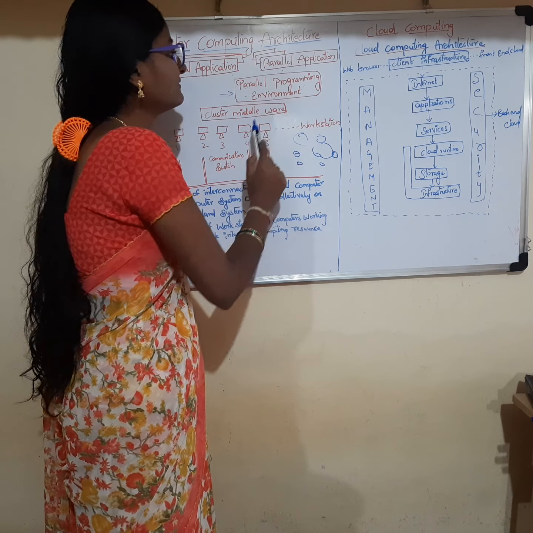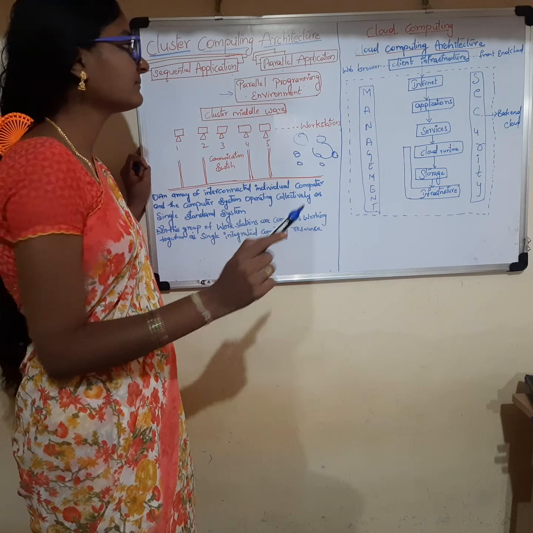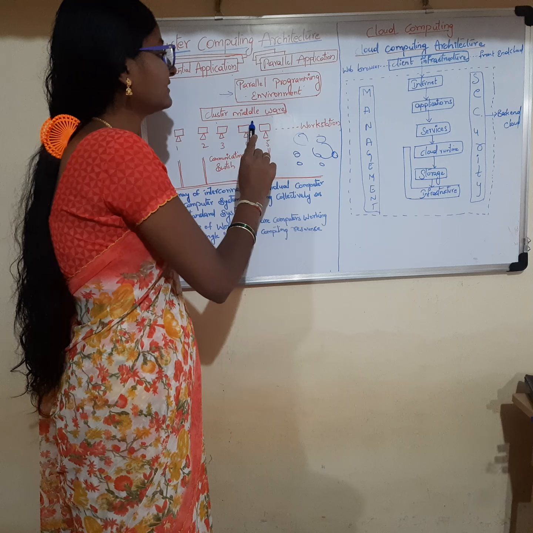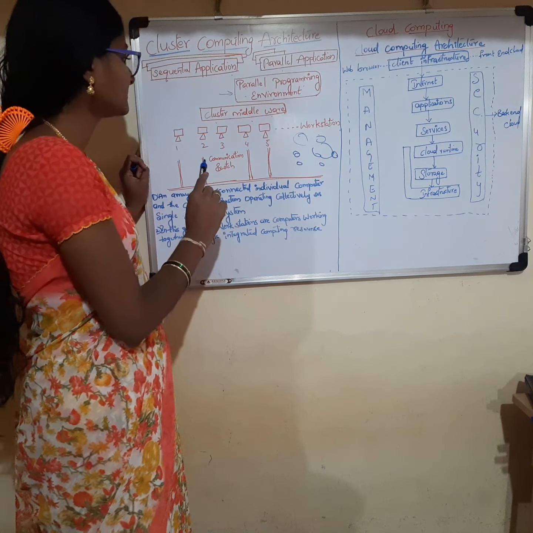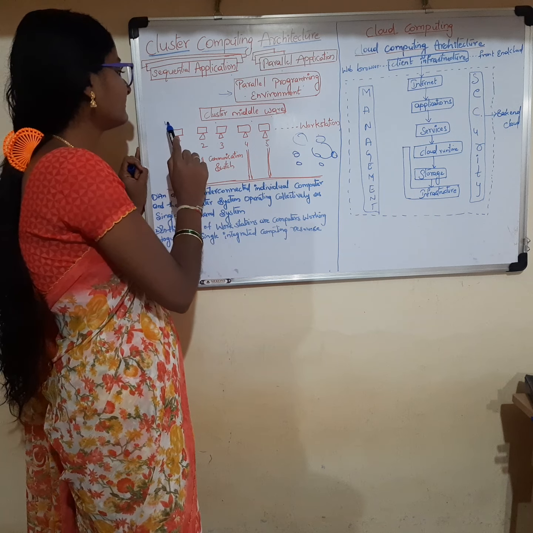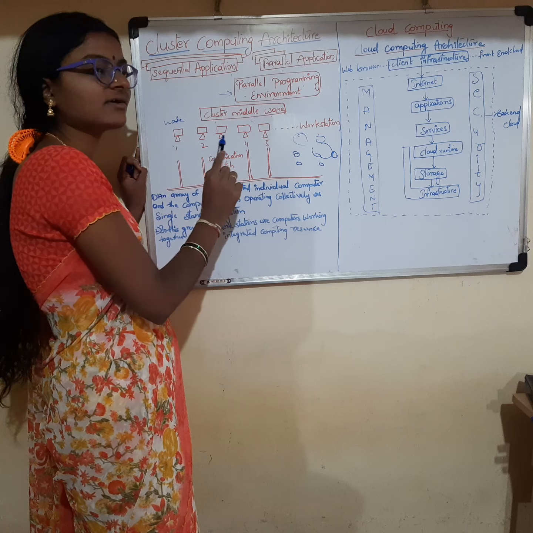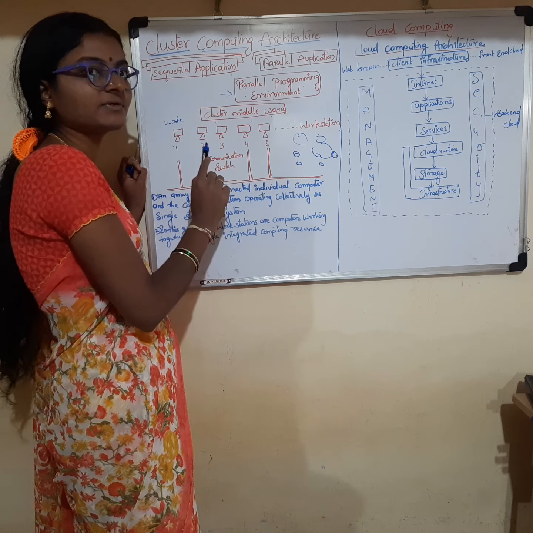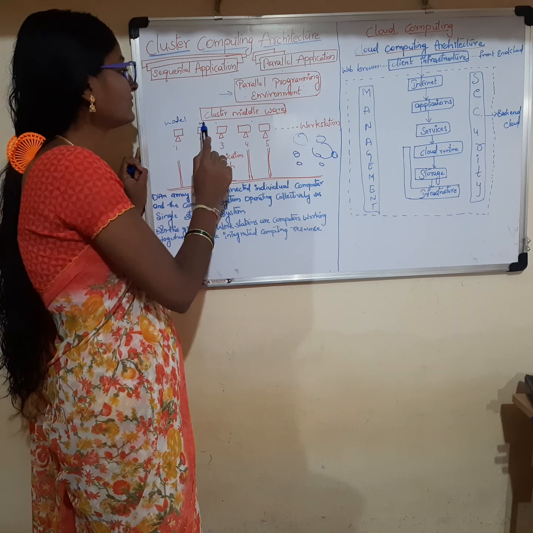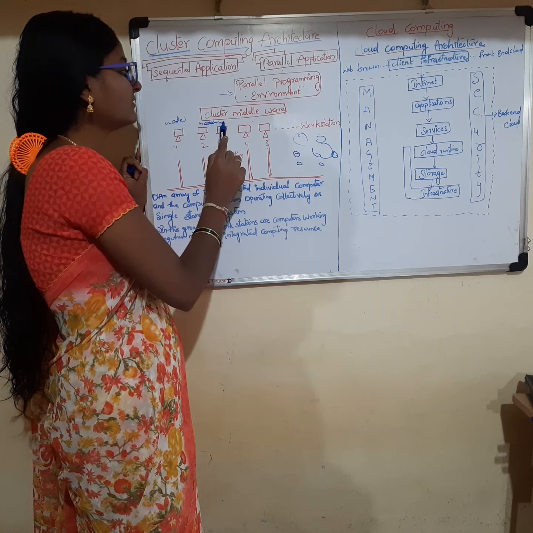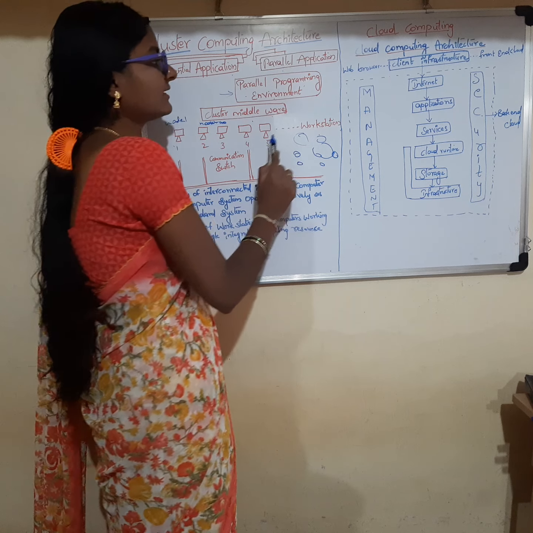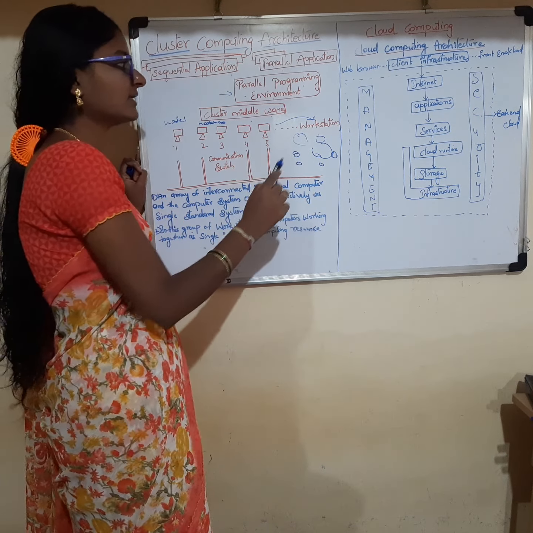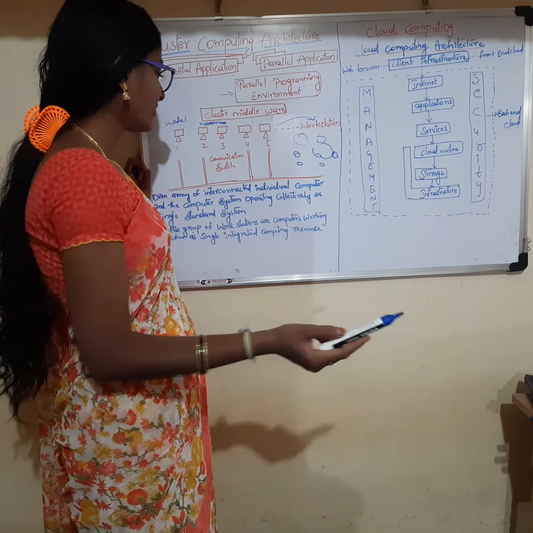Next, cluster middleware. Cluster middleware is used in this diagram. Next, these are all computer node 1, node 2. We call them computers, and each individual computer in cloud computing is known as node 1, node 2, node 3. These are all connected to the workstation. A group of workstations get together and solve a problem.